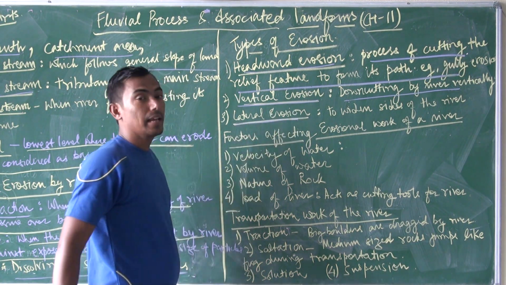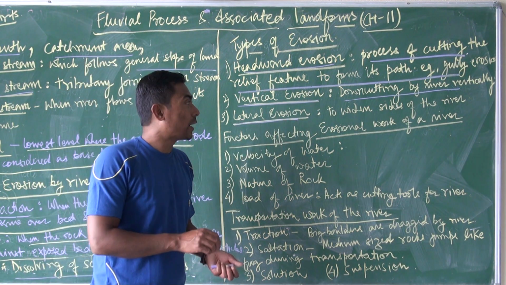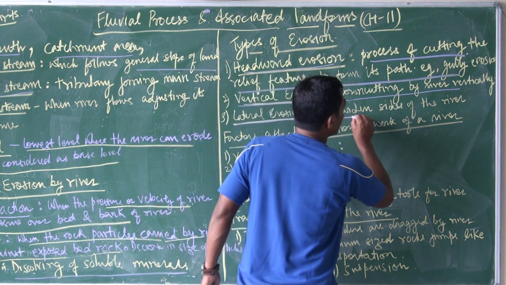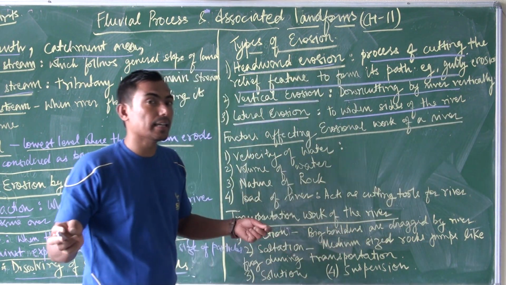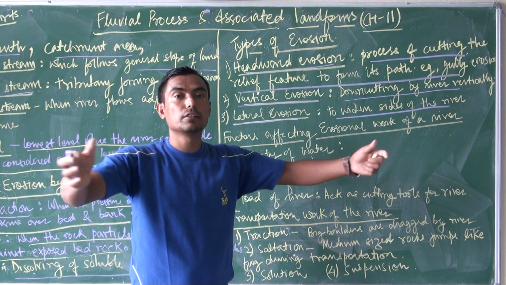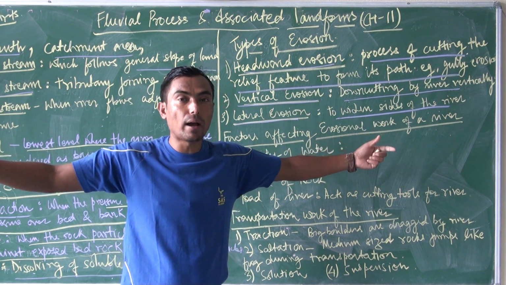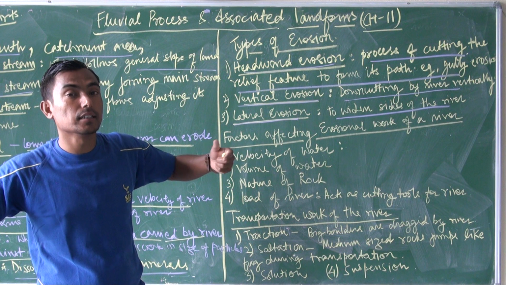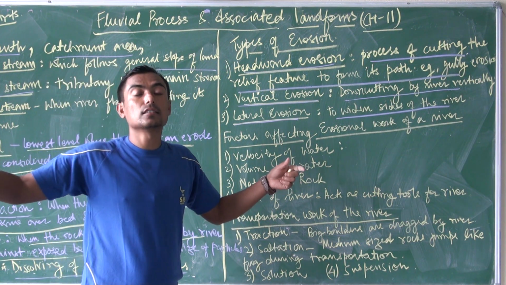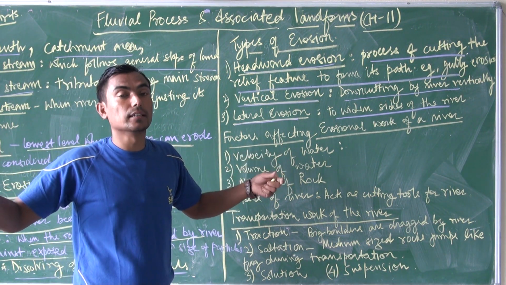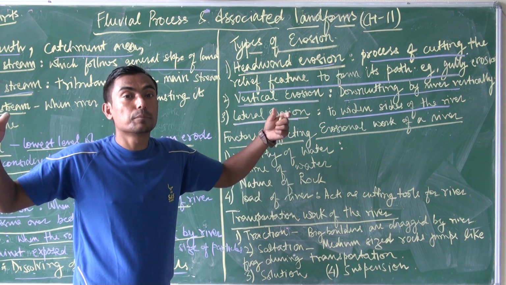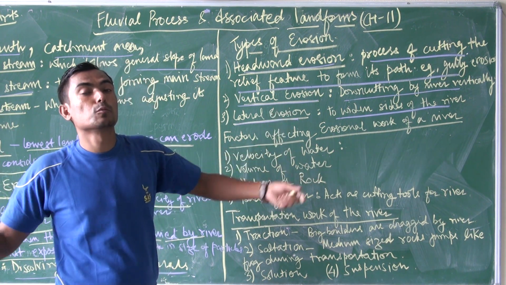Lateral erosion. Lateral erosion means when the sides of the river are widened. It means that the banks of the river get wider and wider. The reason is that when the sides of the river get much wider, it results in the course of the river being much wider.